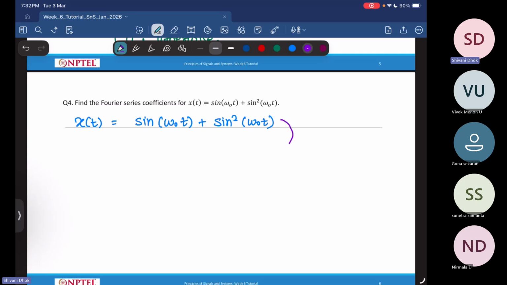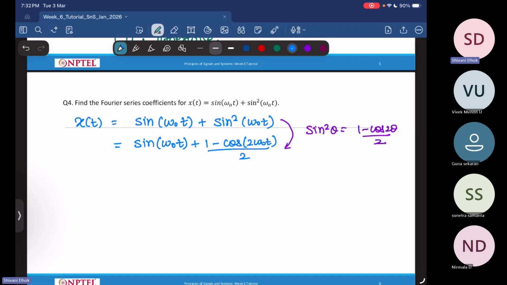So first thing that we are going to use is sine square theta is 1 minus cos 2 theta by 2. So that will give me sine of omega naught t plus 1 minus cos of 2 omega naught t whole divided by 2.